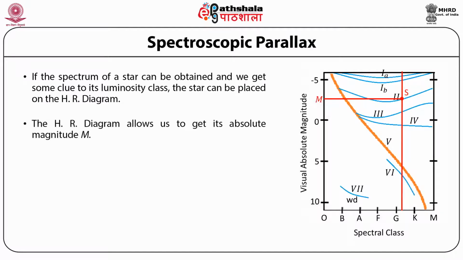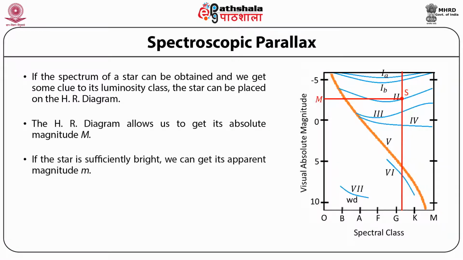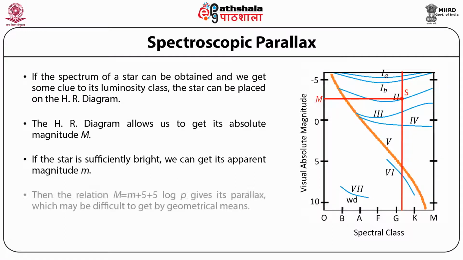The HR diagram allows us to get its absolute magnitude, capital M. If the star is sufficiently bright, we can get its apparent magnitude, small m. Then the relation capital M equals small m plus 5 log p gives its parallax, which may be difficult to get by geometrical means.